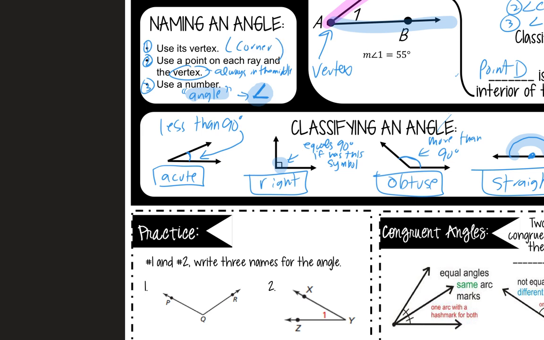On the earlier one, the vertex was A, so on this one, the vertex is Q. Using the first way, we'd say angle Q. Using the second procedure, a point on each ray and the vertex in the middle, we could call this angle PQR or angle RQP. So that's 3 different names.